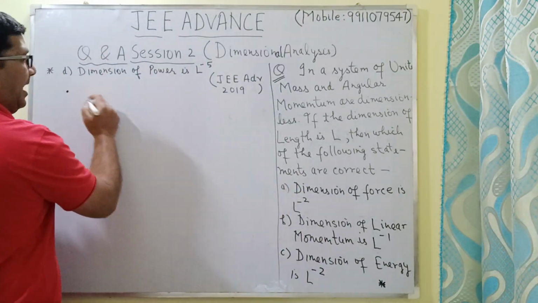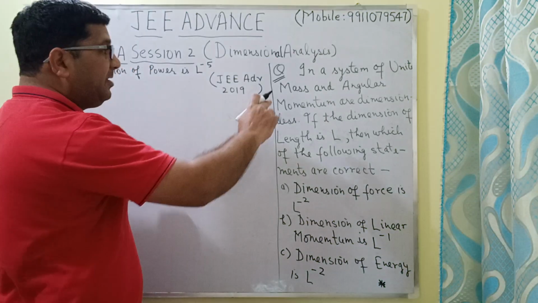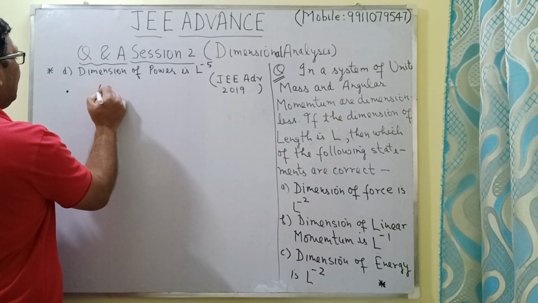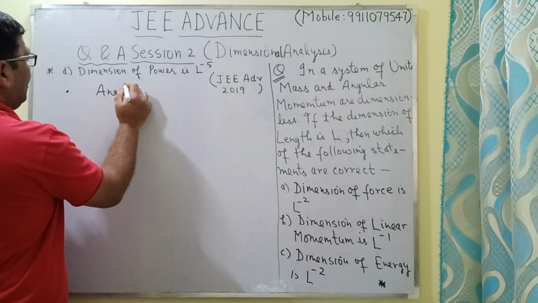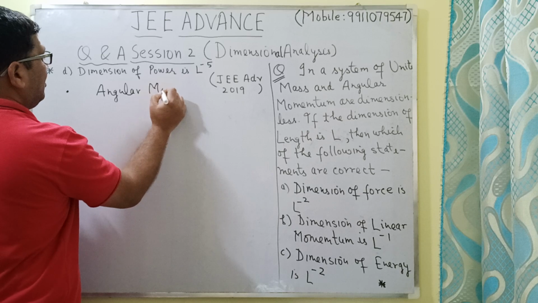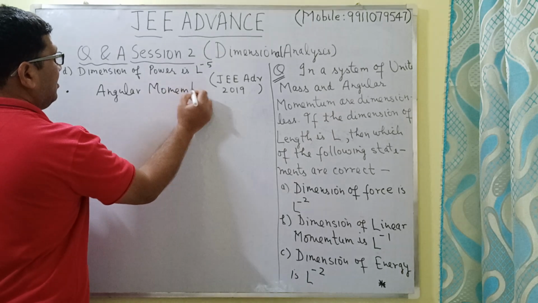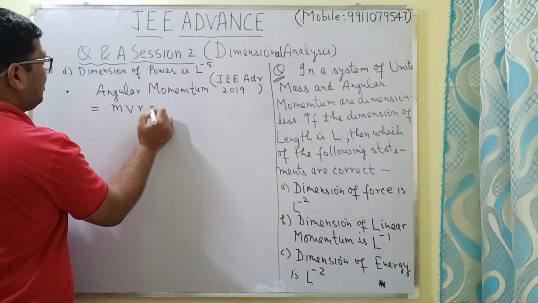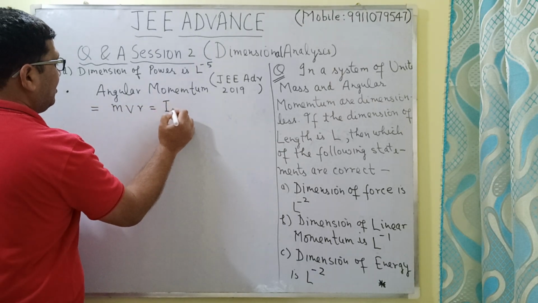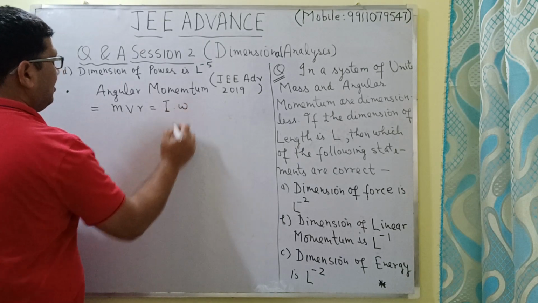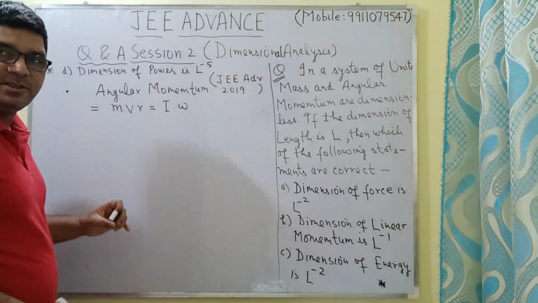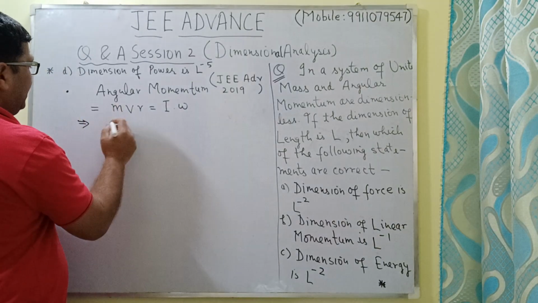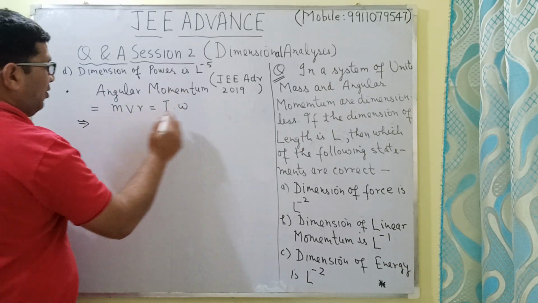So here, angular momentum is dimensionless. Now angular momentum is given by angular momentum is equal to mvr, and this is also equal to I omega. So we can use any of these two formulas here in order to proceed further. The dimension of angular momentum as per this formula will be what?